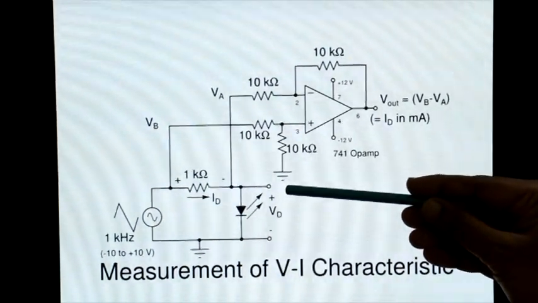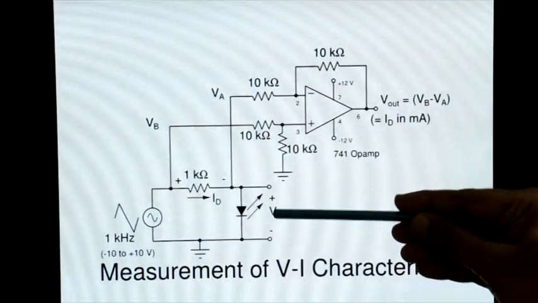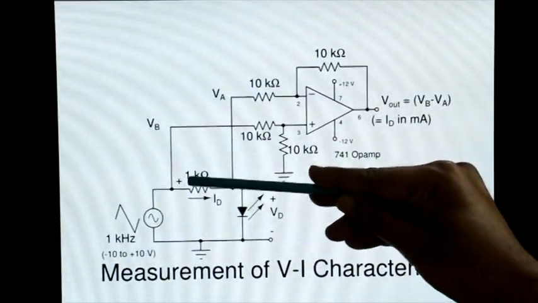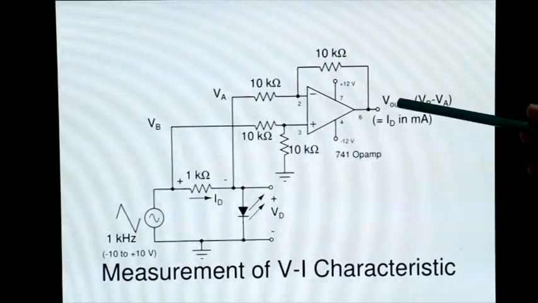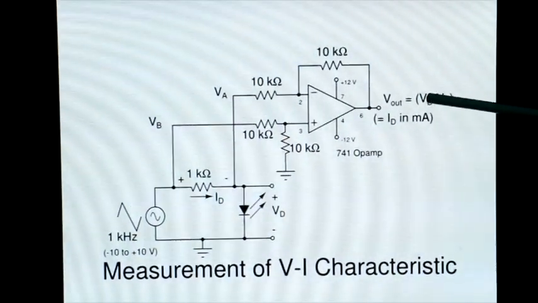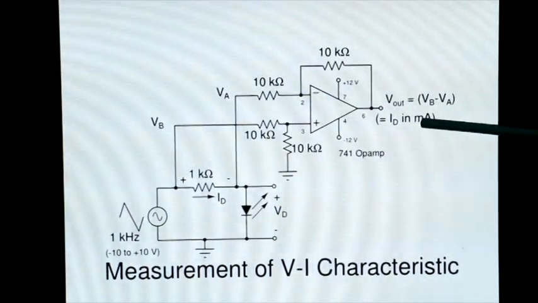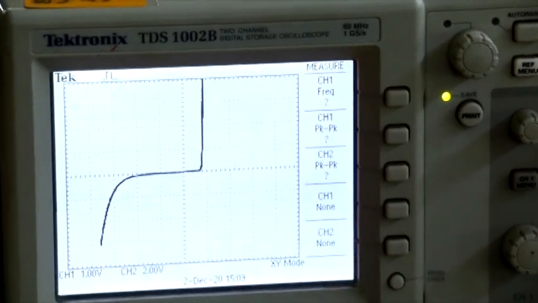Now what we are actually plotting is VD, which is the voltage across the Zener diode, and the voltage across the 1 kilo-ohm resistor, which at the output of the difference amplifier will give you the current in milliamps. So if you get 1 volt here, that would correspond to 1 milliamp. Let us see what we get on the oscilloscope, on the DSO.